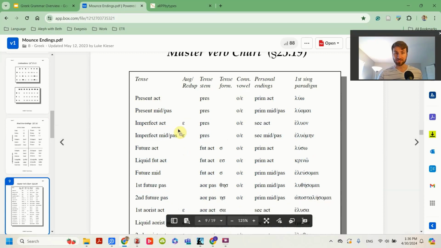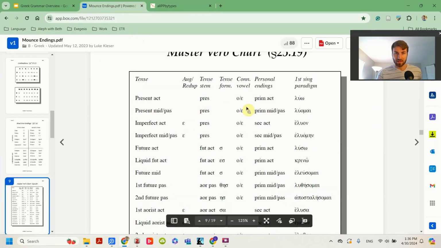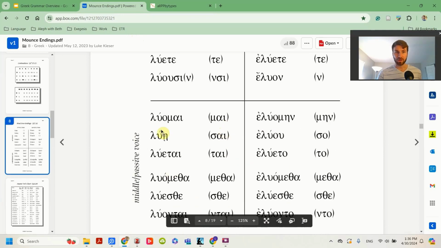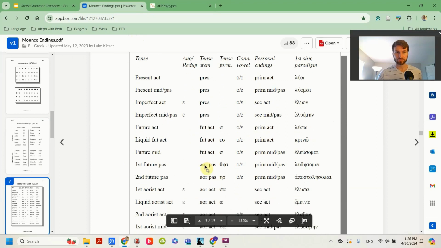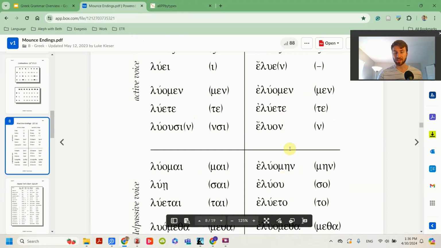The present middle passive still uses the present tense stem, that's the first column, and then it uses primary middle passive endings. So we're over here, primary middle passive. The imperfect adds the augment. It's still in the first column of the principal part chart, and then uses secondary active endings. So the imperfect uses this side.